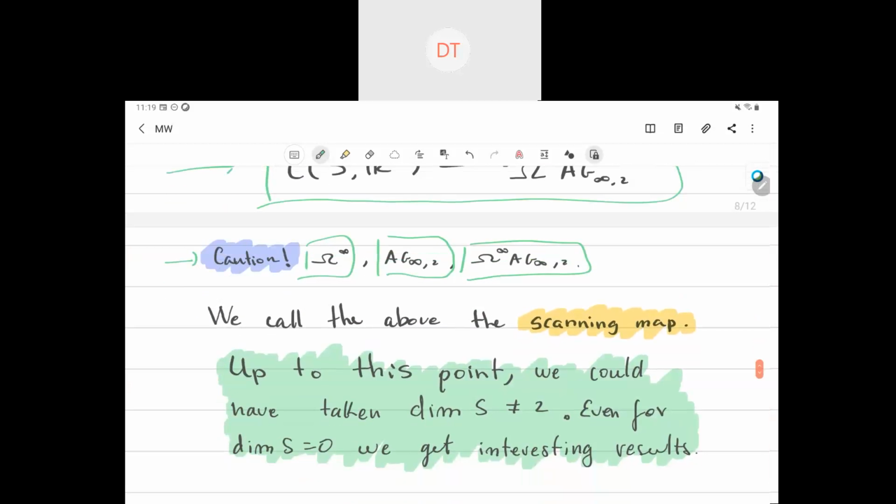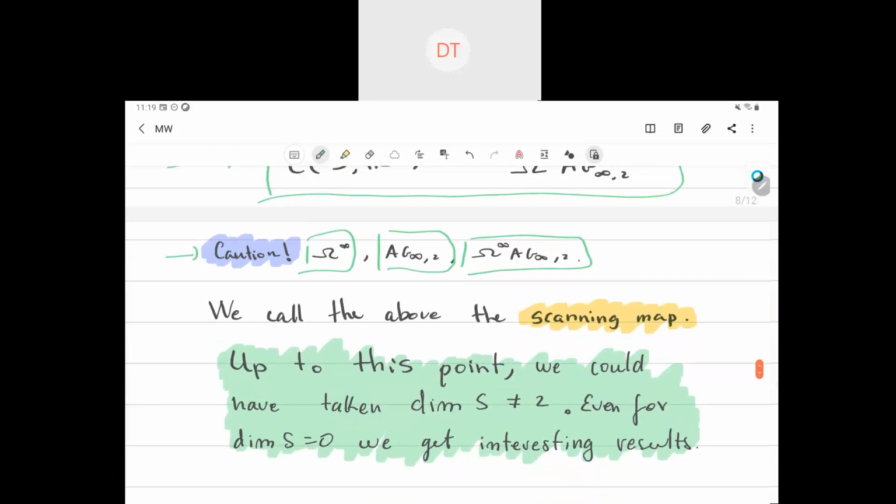And a comment is that up to this point, we really haven't used that we're dealing with a surface. So we really haven't used that the dimension of S is 2. Up to this point, everything makes sense if we lose this constraint, and we actually get interesting things.